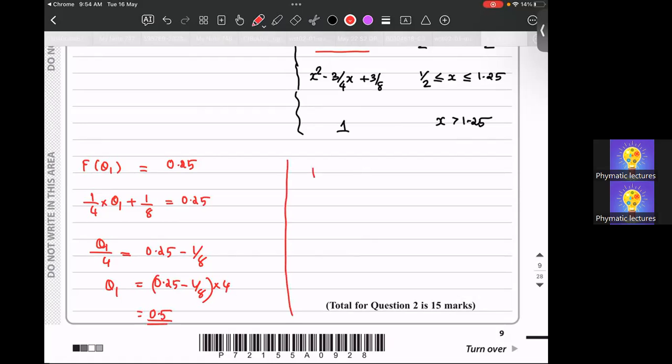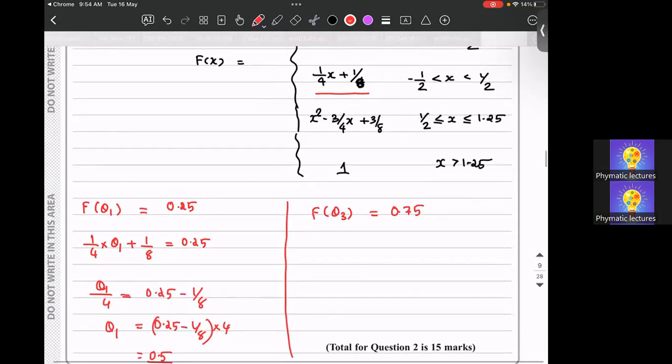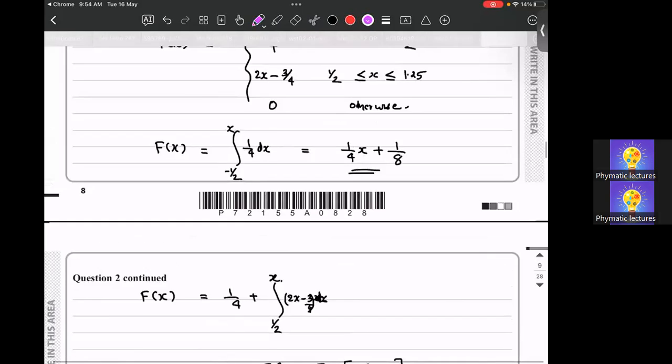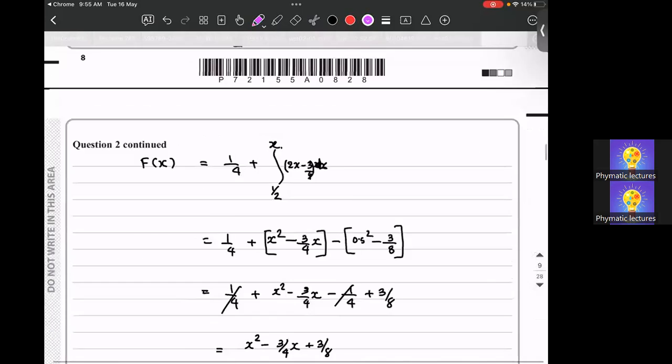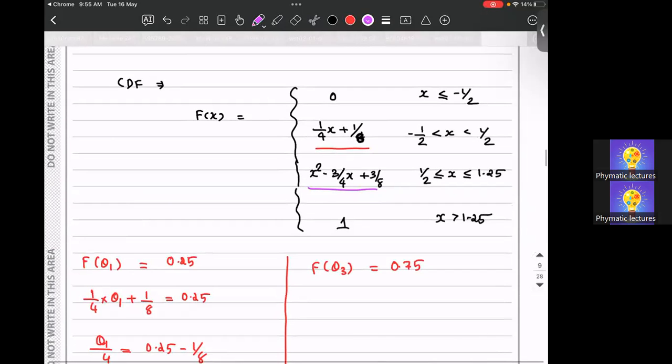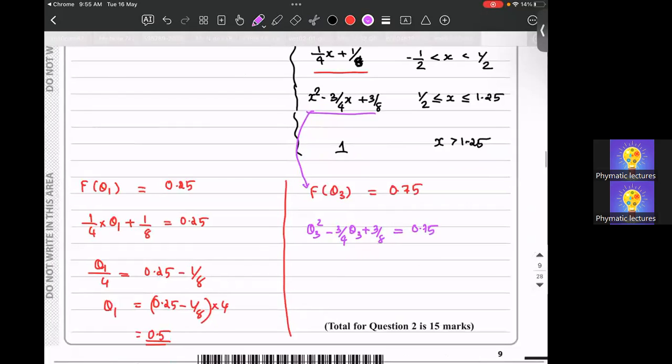Now F of Q3, that is 0.75. So most probably it falls in this region. Why does it fall in this region? Because 0.5 itself is the border between this straight line and the parallel line, right? So F of Q3 is 0.75 means you substitute in this equation. So Q3 square minus 3 by 4 Q3 plus 3 by 8 must be 0.75. So anyway, it's a beautiful quadratic equation.